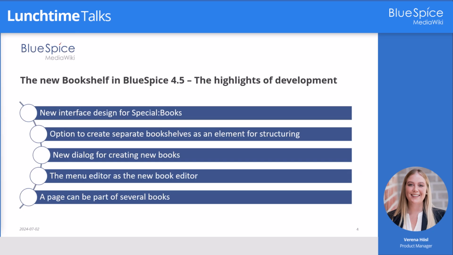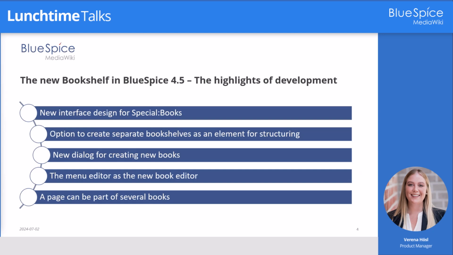We also introduce a new dialog for creating books. This dialog can be found on special books, and it's also in the split button of the new button. So this means that you can create a book from every place in the wiki where you are.